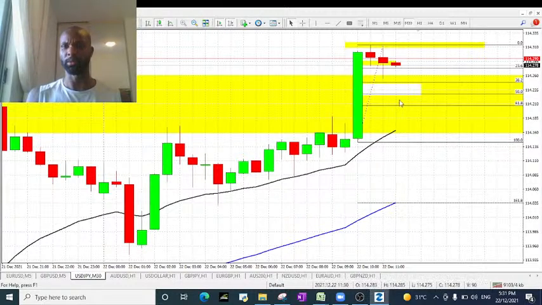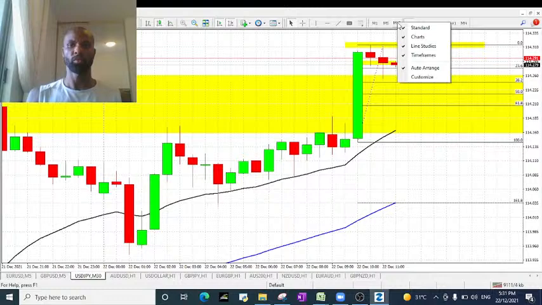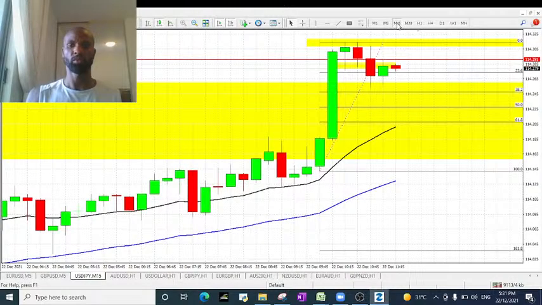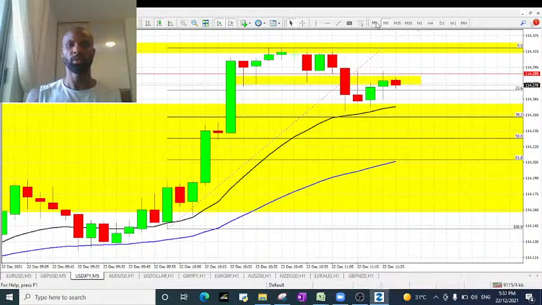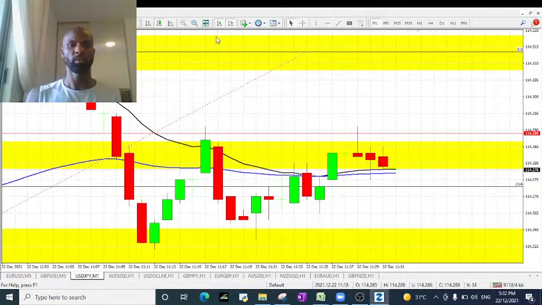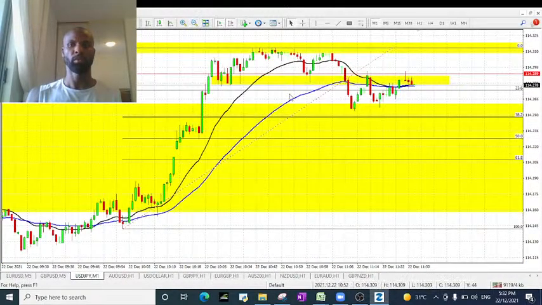Let's see what happens. Of course, on the 1 minute chart, price is struggling to break.